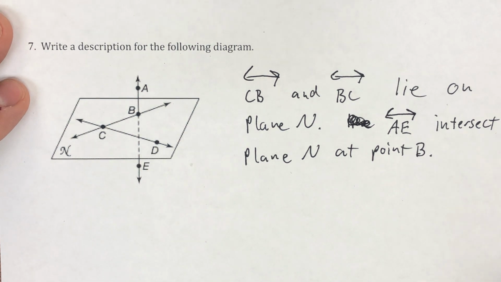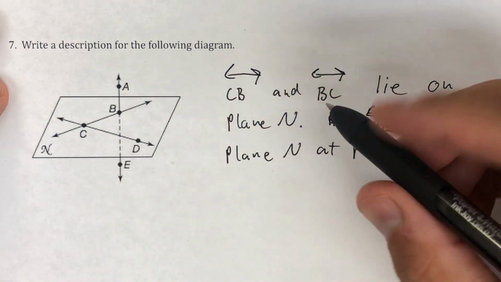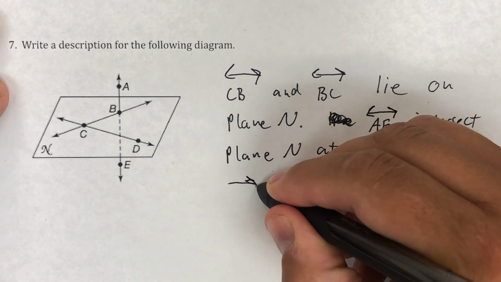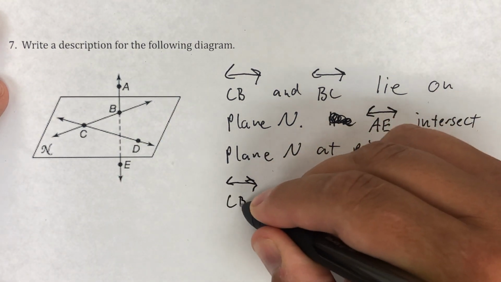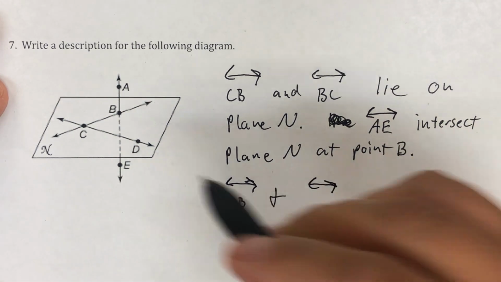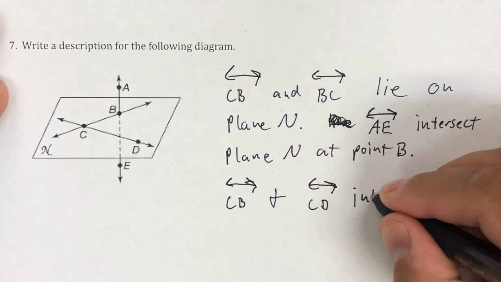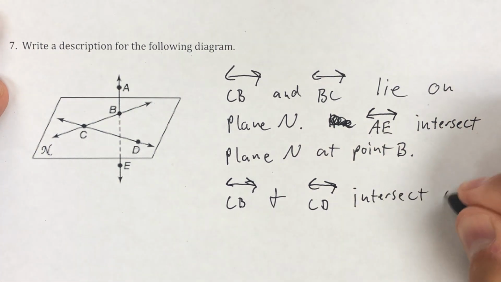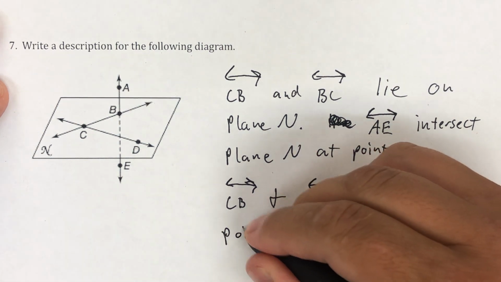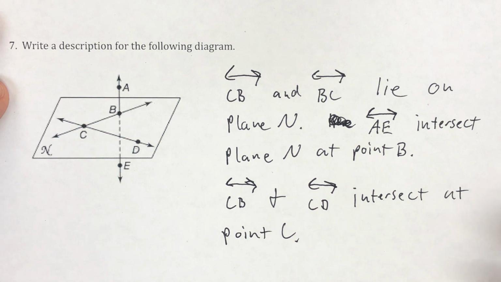And I think kind of the last thing I could say is I could also say that line CB, arrows above, and line CD intersect at point C. And that's pretty much a solid description.